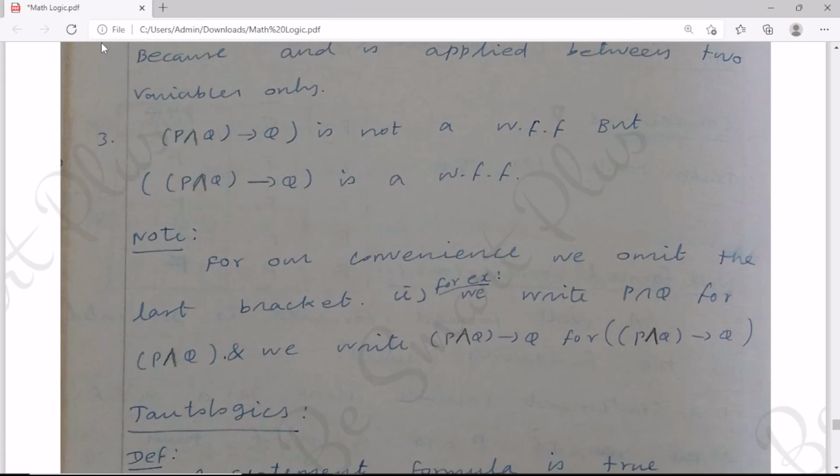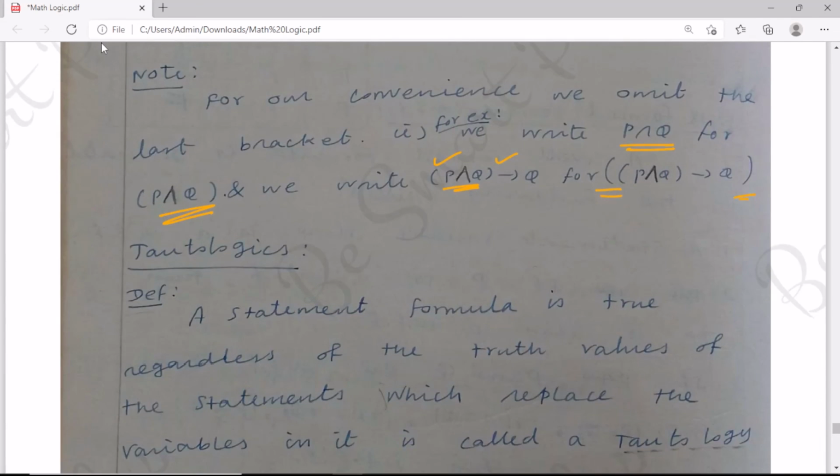For our convenience, in some cases we omit the outer parenthesis, like we write P and Q for (P and Q), since no other operations are included between P and Q. But in (P and Q) conditional Q, the outer parenthesis is not a must, but this inner parenthesis must be kept, isn't it? So that is the meaning of well-formed formulas.